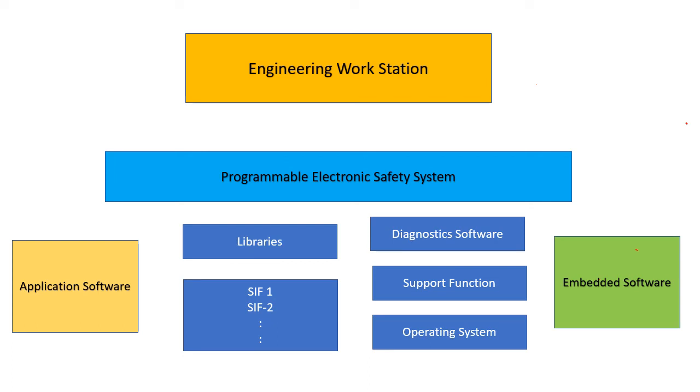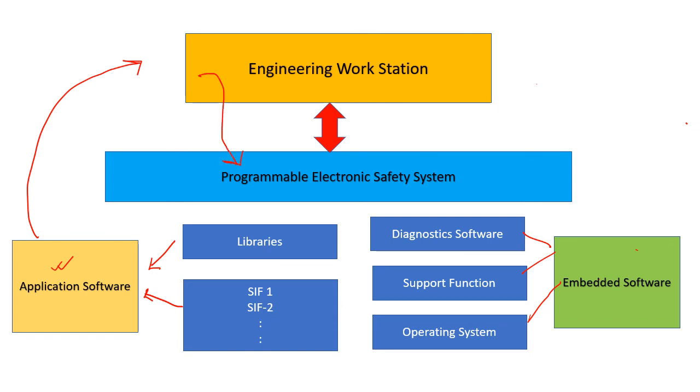So these libraries and these SIPs are part of the application software, and the diagnostic features, support functions, and operating system are part of the embedded software. Now, the engineering workstation will develop all the logic using this application software and then push it to the PLC, right? So all the functions that are executed are done in the PLC. Okay.